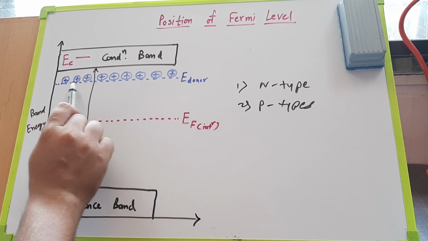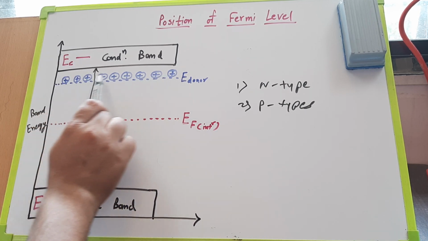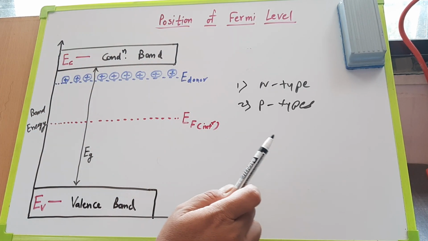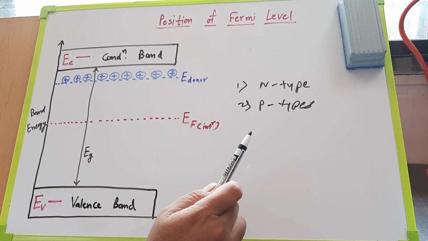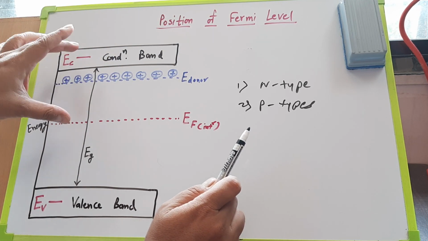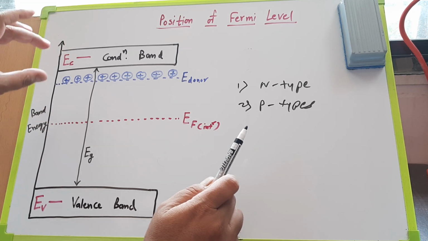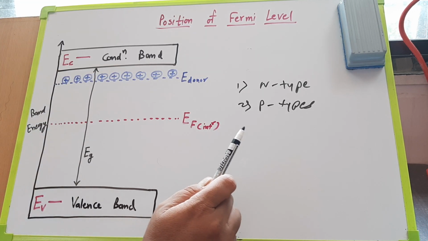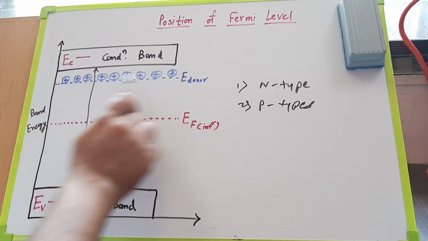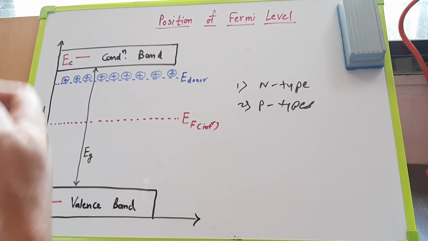Important point: these are individual charges, so they don't constitute a band. A band has many electrons with slight differences between them, whereas here they are extremely few in number. But this is how the donor energy is shown.